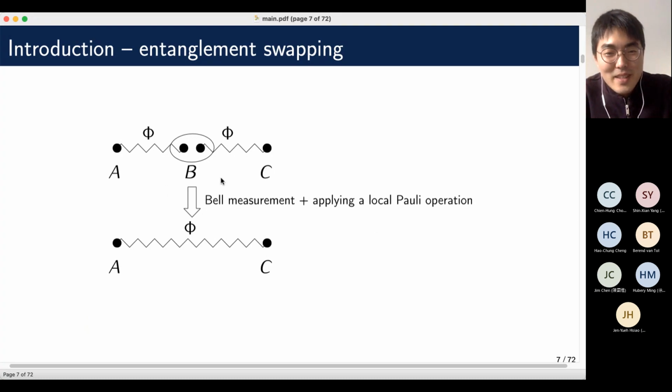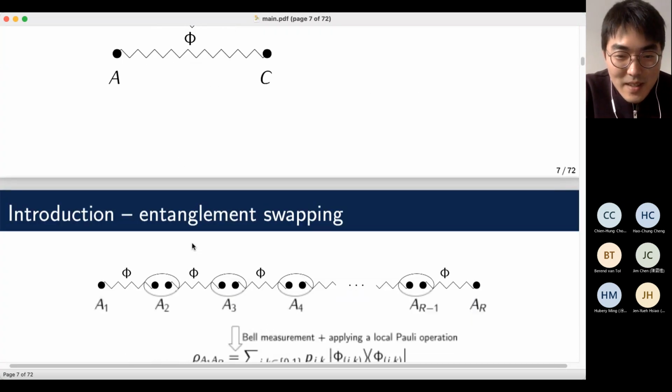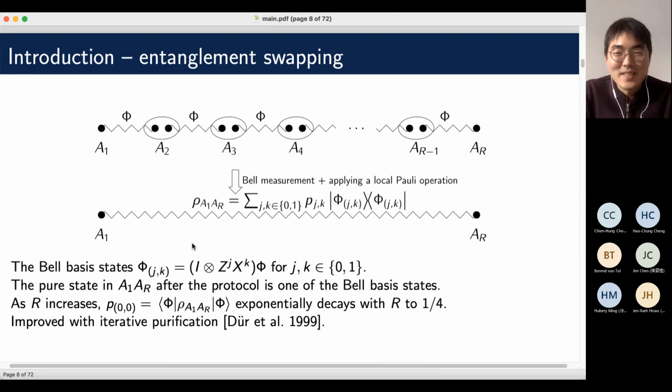If we have 3 parties, and each neighboring pair of parties shares a Bell state, then we can perform a so-called Bell measurement, and according to the measurement outcome, if we apply some appropriate local Pauli operation on A or C, then we can get a Bell pair from A to C. And we can consider a successive way of doing this entanglement swapping from A to R.